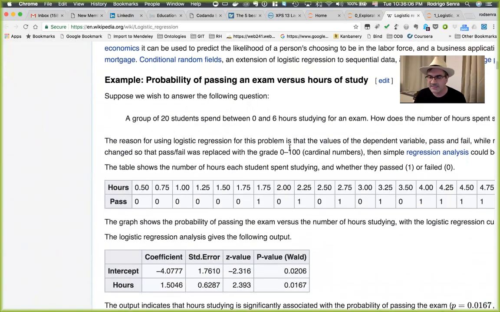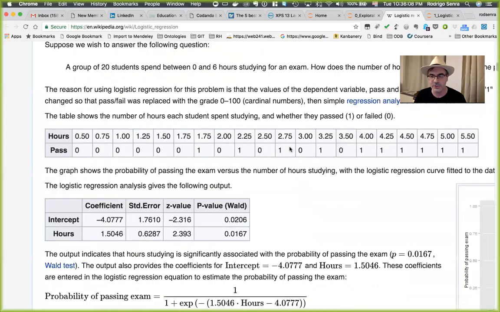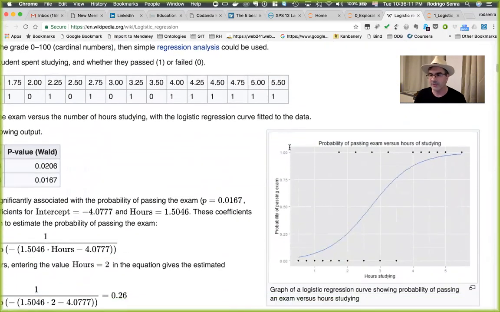And inside, I'm not going to delve into the full math, but I'll try to give you the idea, the spirit of the algorithm. In this example, you are calculating the probability, based on the data of a single person, given the number of hours that person studies, that the person will pass or fail the exam.